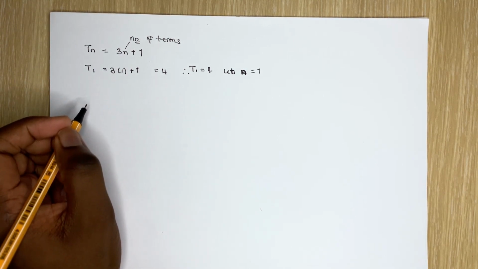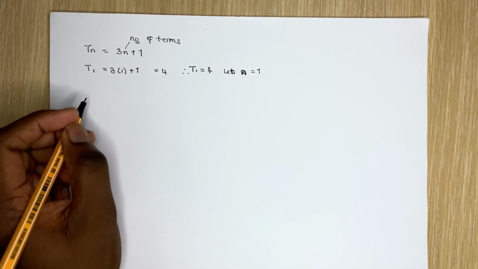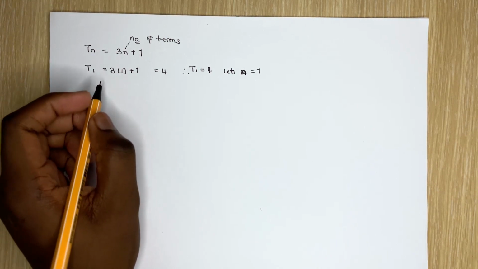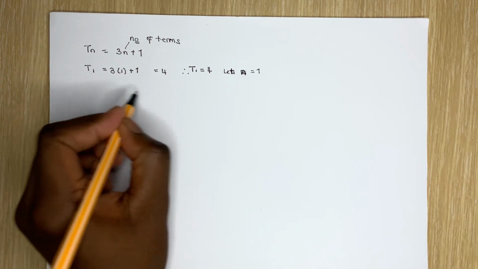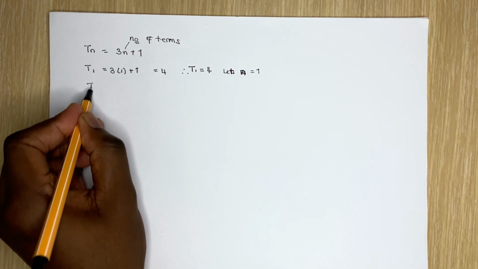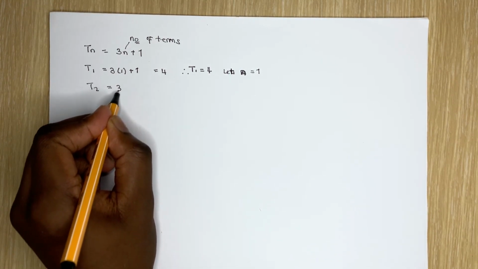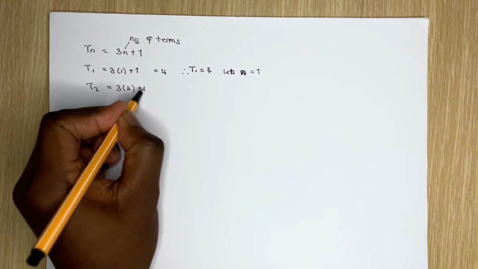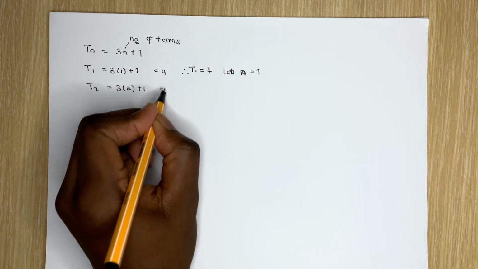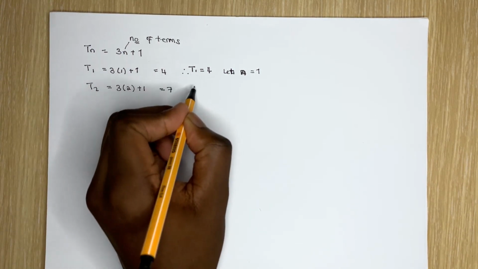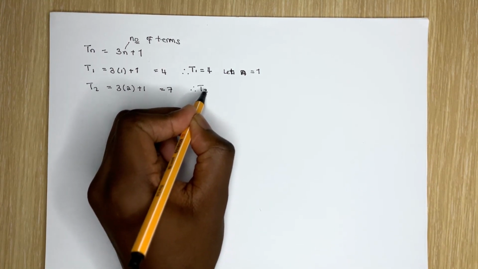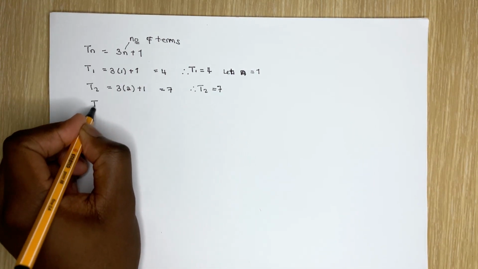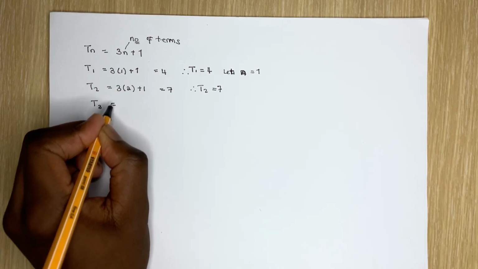So we can do that for the remaining terms that they want. So for T2, we simply substitute 2 where there's n, and you're going to get 7. Therefore, we're saying that T2 equals 7. The same goes for the third term.